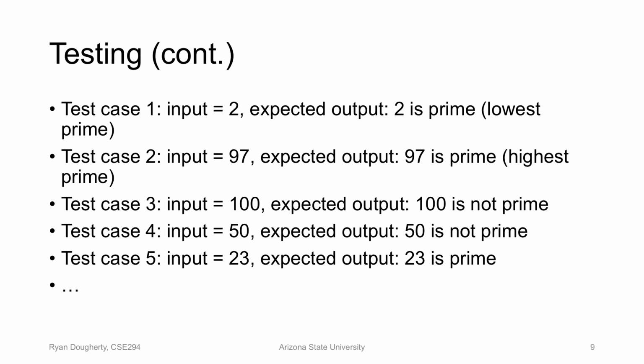And we can make more test cases, right? Obviously, the best test case is to have a test case for every single number, right? But that would be kind of exhaustive, right? I don't want to write is prime, not prime for nearly 10,000 numbers. So what we do here is we try to write the smallest number of test cases we can so that we are guaranteed to get the right outputs for every other number we don't test.